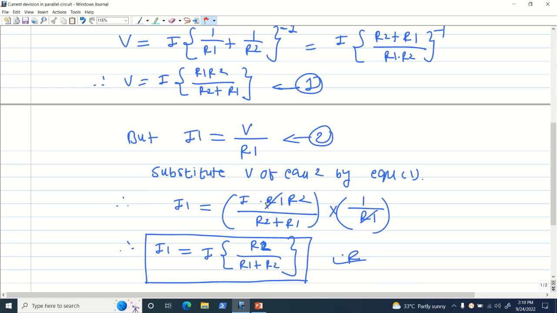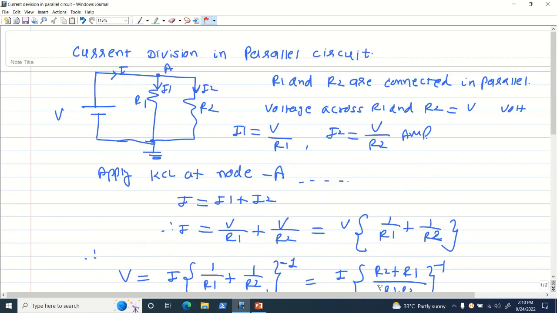So R1 and R1 will cancel out. So ultimately you will obtain I1 is equal to I into R2 upon R1 plus R2. Right. So this equation is known as the current division in the parallel circuit.